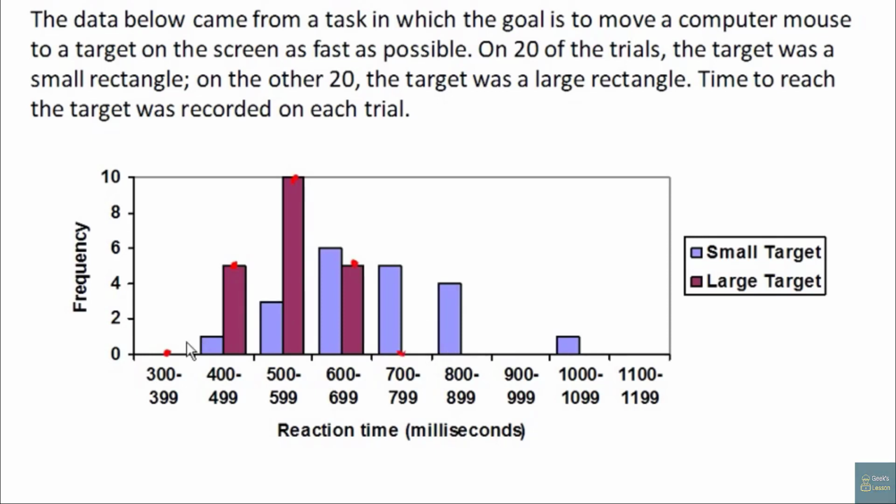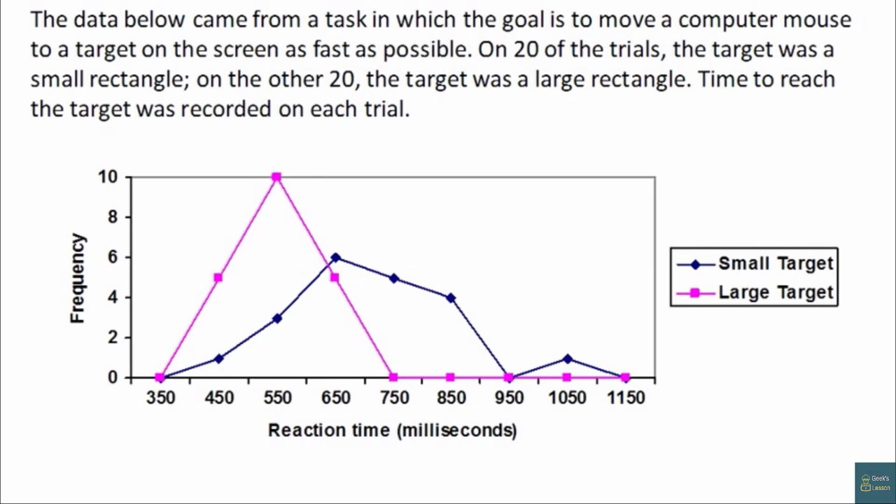Now, this is a little misleading because we're not suggesting that this actually increases that way, but it gets the idea of trend perhaps a little bit more than the histogram does, and this is what that ends up looking like. Now, this again sort of gets that idea that the large target values are a little smaller, and a little more compact, whereas the small target scores are a little more spread out and appear to be slightly larger.